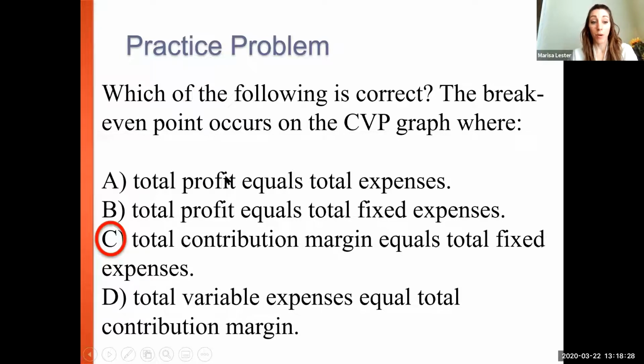I'm at break even where total revenues equal total expenses, right? Not total profit. Total profit equals total fixed expenses, no. So profit, they're talking again about net operating income. Total variable expenses equal total contribution margin, doesn't work.